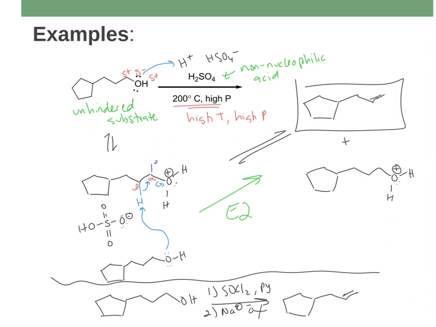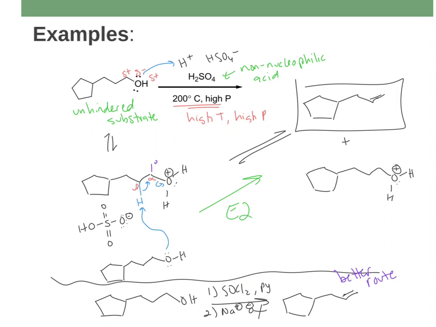Add a base. Not only would it be faster, but it'd be a lot safer. I could do it all at room temperature. I don't even really have to separate out. I don't have to purify really anything between the two of them. It'd be fine. It'd be much faster, much safer. This is a better route, as opposed to the top one.